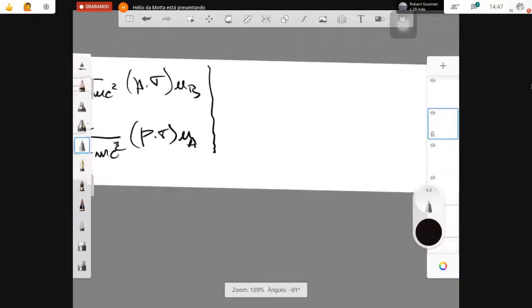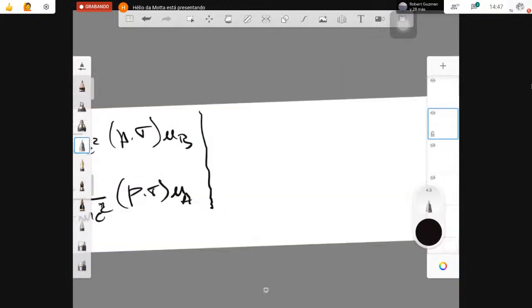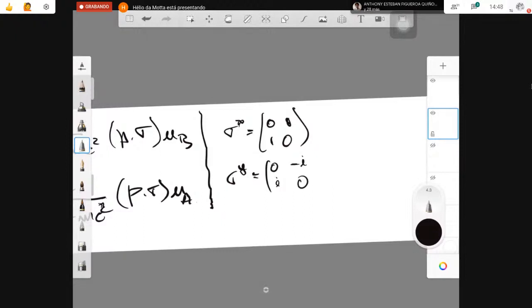Now, the matrices are always good to recall. We have this one here, that is 0, 1, 1, 0, okay? And this one is 0, minus i, i, 0, and 1, 0, 0, minus 1.